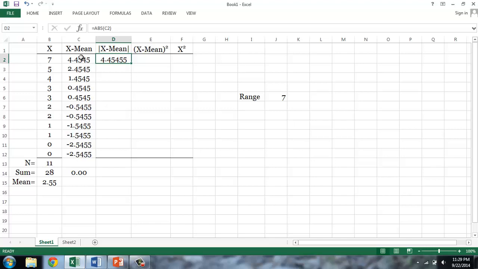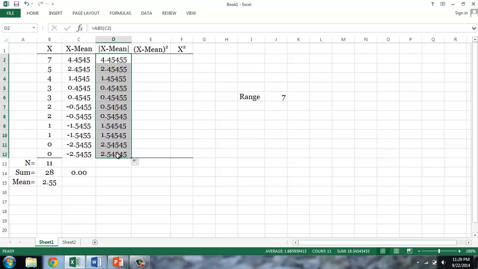As you can see, this number did not change because it was already positive. However, if we copy this into the remaining cells, you can see that now every score that previously had a negative deviation has the same size positive deviation.